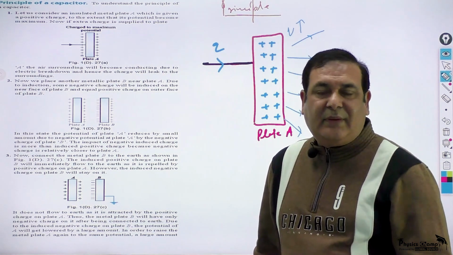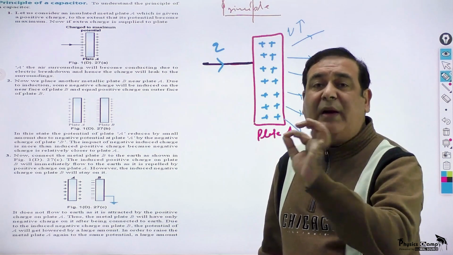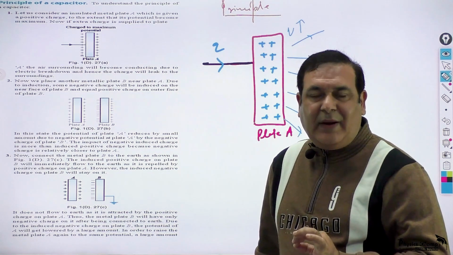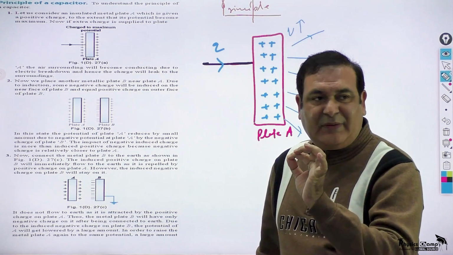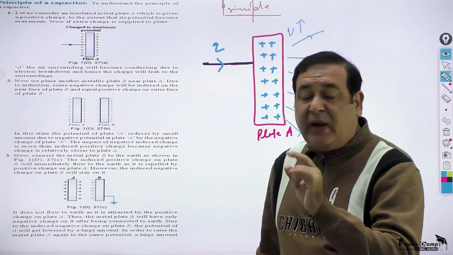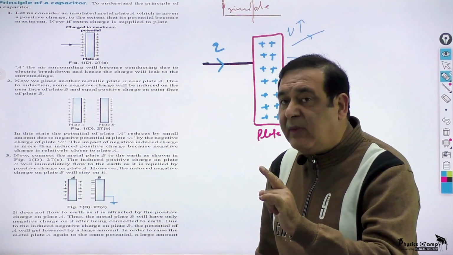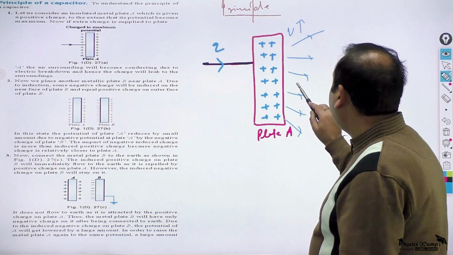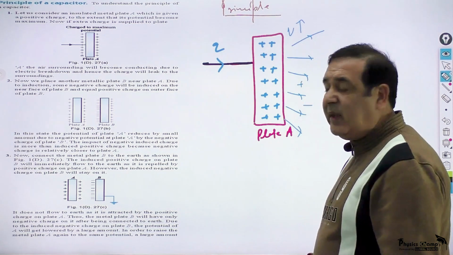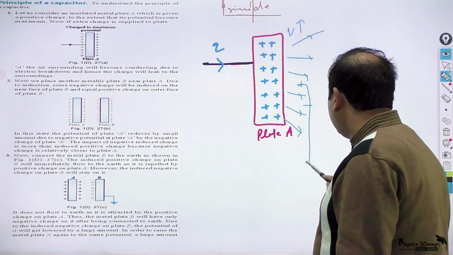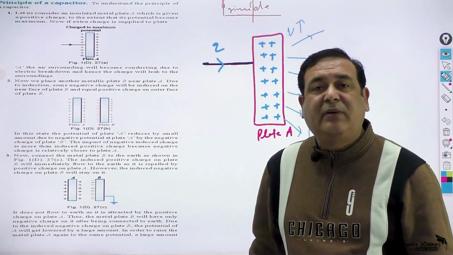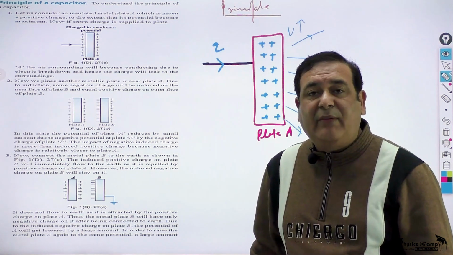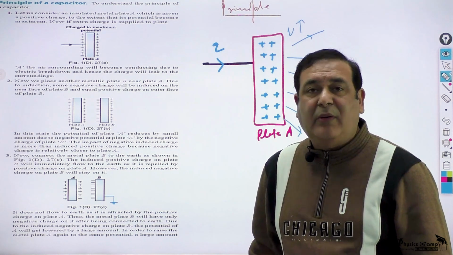And there is a maximum value of electric field at which the electric breakdown of air takes place. Air will ionize, and when air ionizes, the whole charge will leak through air. Air will become conducting and the whole charge of this plate will leak through air into earth.